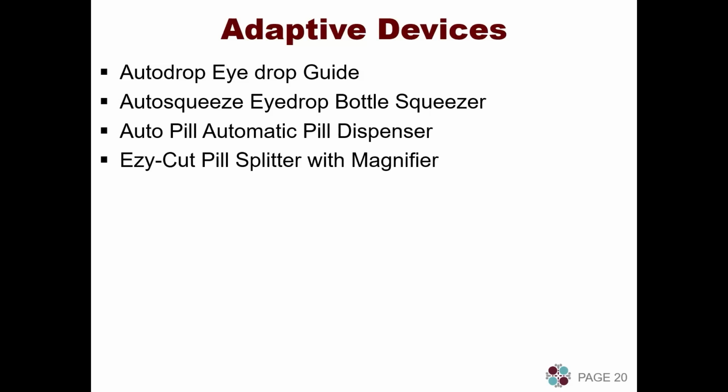This is really helpful for anyone who has difficulty with their hands in addition to their vision. There's an automatic pill dispenser that will dispense only the amount of pills that you need for that particular day. And there's an easy cut pill splitter with a magnifier. Again, instead of using a knife, it lets you cut the pills safely.